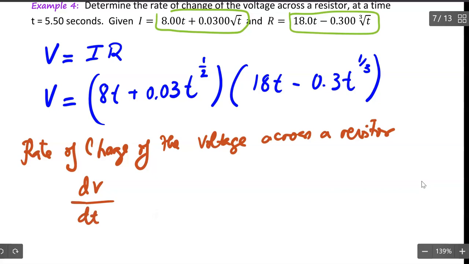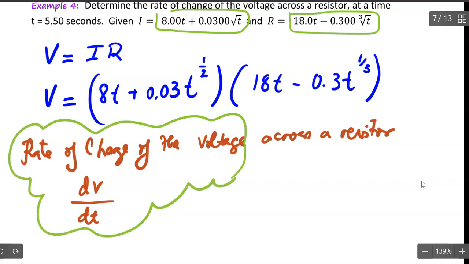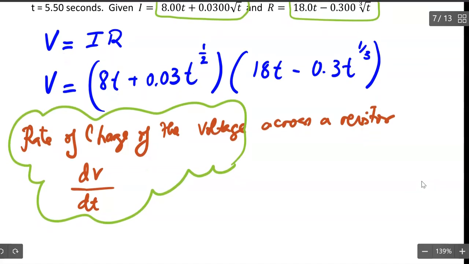What you want to concentrate on is the rate of change of the voltage, and in order to measure the rate, it has to be related to time. So you may want, immediately after this step, to take the derivative of V as a function of time. Then you have to differentiate this using the product rule, because you have that multiplied by that, but I am not going to differentiate it yet.